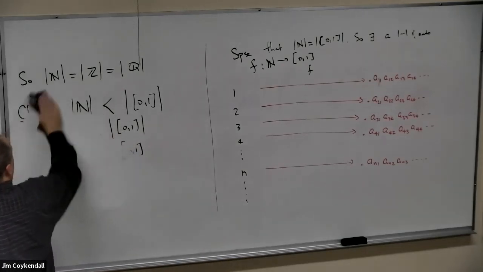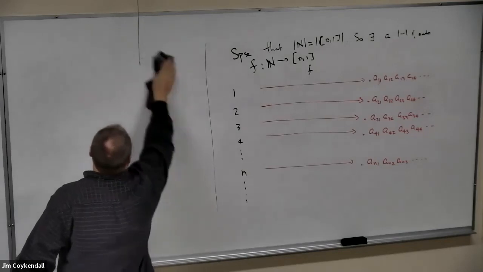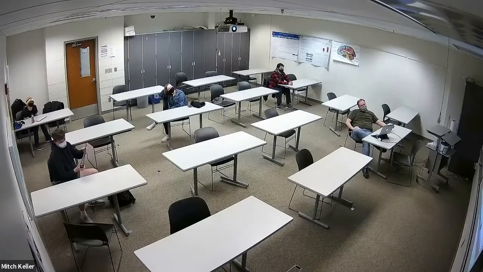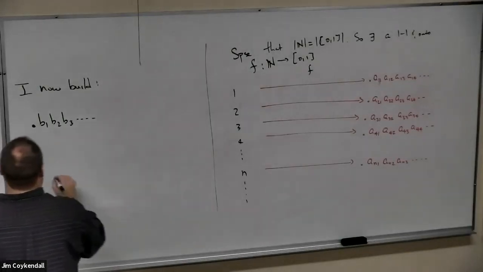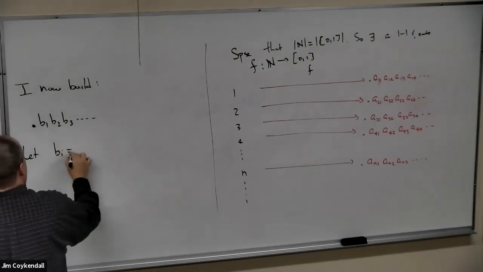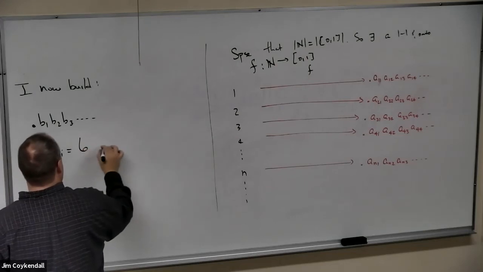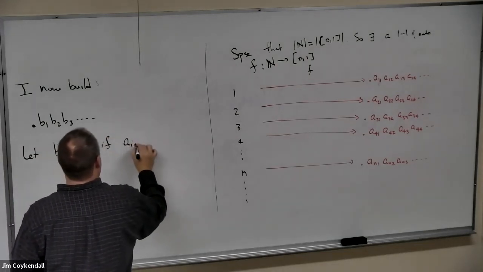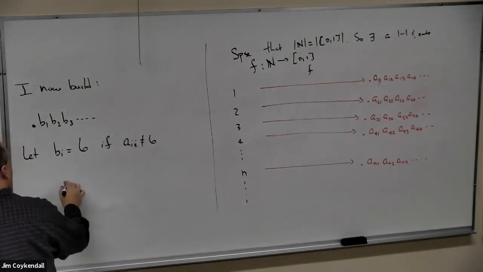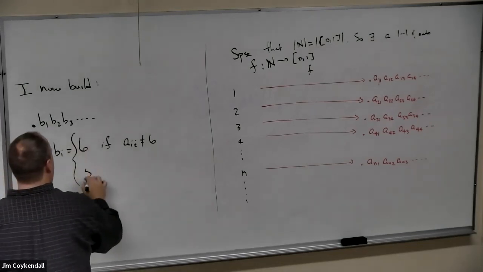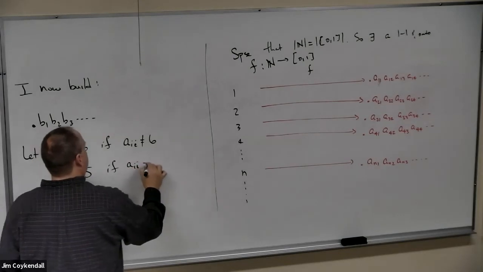I'm going to now build a new decimal, where I define B_i to be 6 if A_ii is not equal to 6, and I'm going to make it 5 if A_ii equals 6.